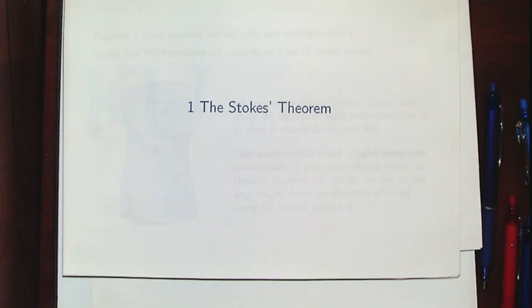So the fingers are supposed to be going the direction of the boundary, thumb toward the region, and then your palm should be toward the surface. What is the answer?